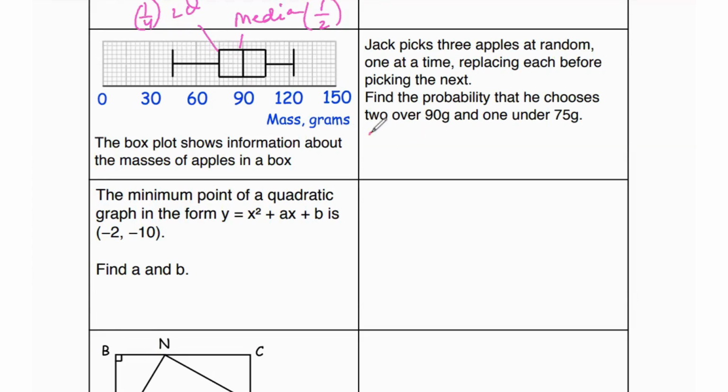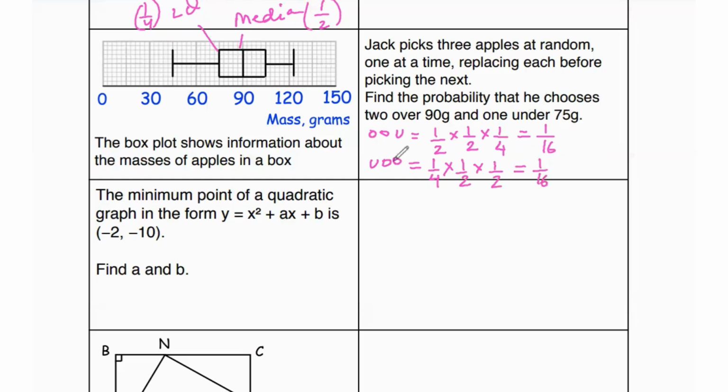If we go over 90 first and then under 75, the probability for over 90 is 1 over 2. So 1 over 2 times 1 over 2 again, and then times 1 over 4, which equals 1 over 16. Now for under first and then over 90, that's 1 over 4 times 1 over 2 times 1 over 2, which is again 1 over 16.